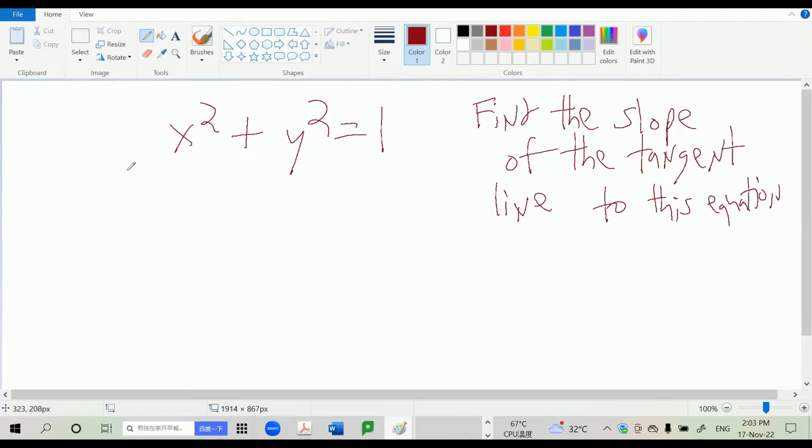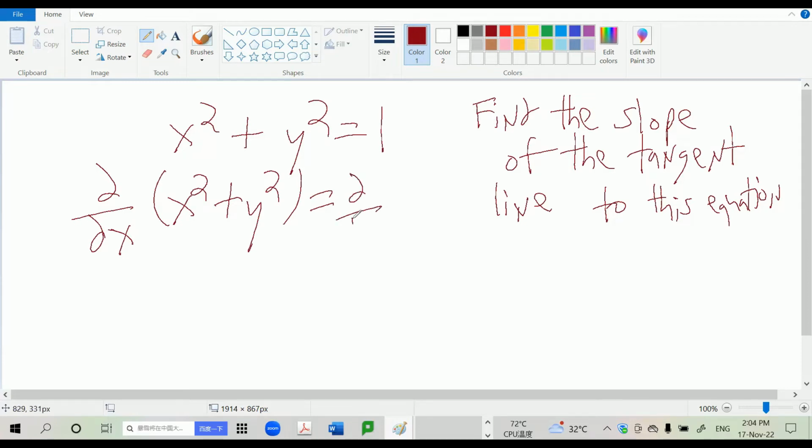So let's do the derivative of the left side. d over dx of all this stuff on the left side, and that's all equal to the derivative of the constant 1. And that's how I start off the implicit differentiation.